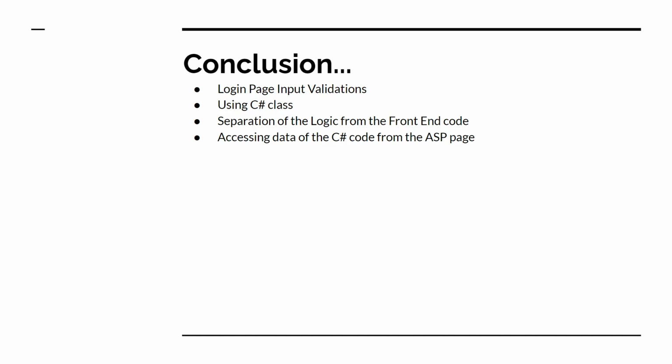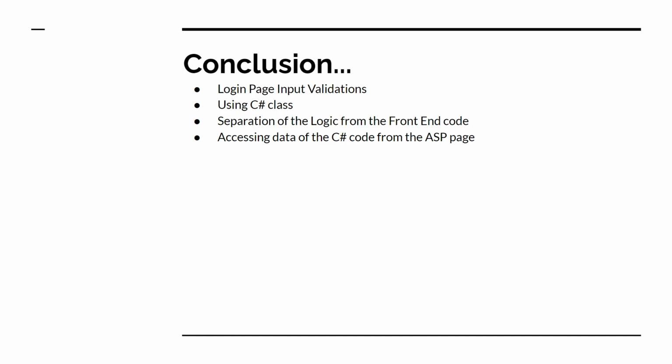Basically, we separated the logic from the front end coding, and finally we accessed some status variables, meaning we accessed the data from the C# code from inside the ASP page. The status variables which were declared in the C# coding were accessed from the ASP page.